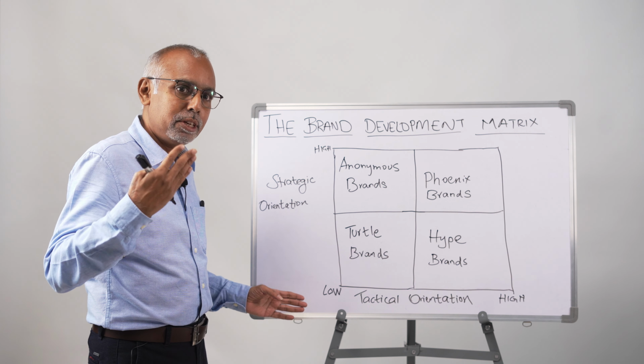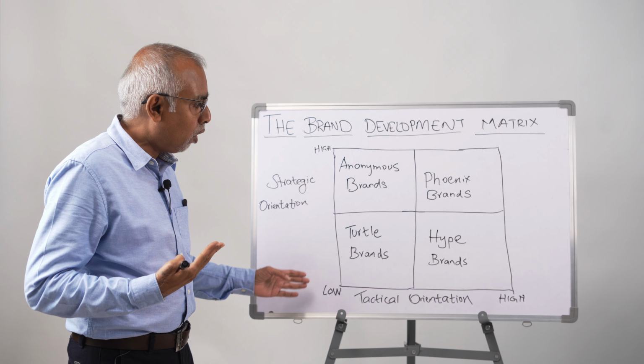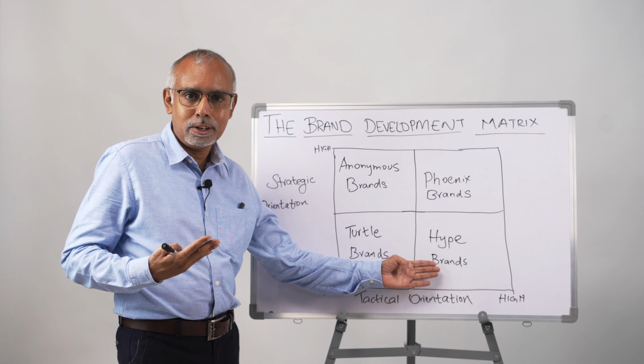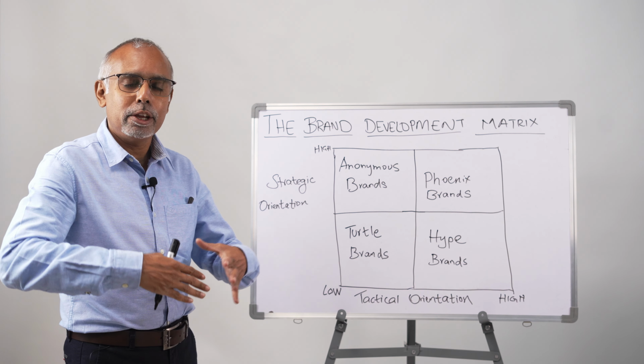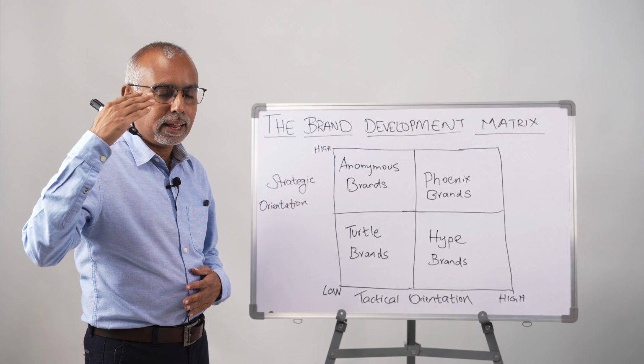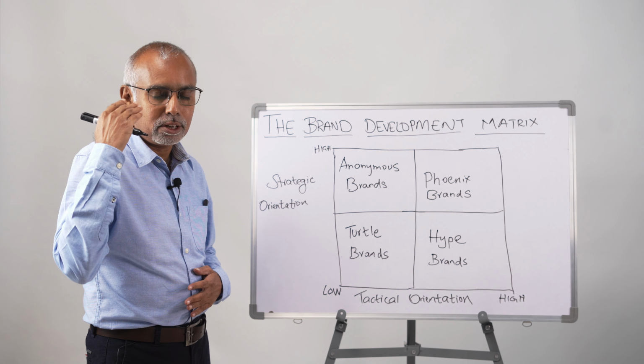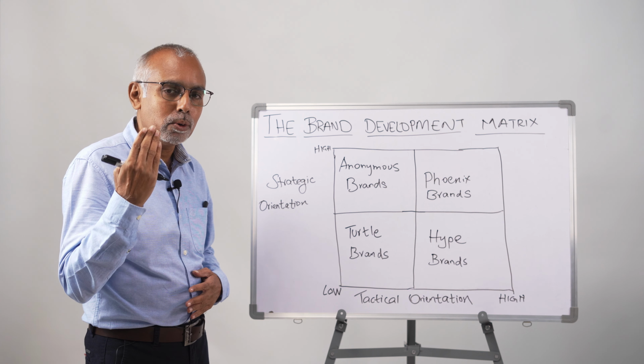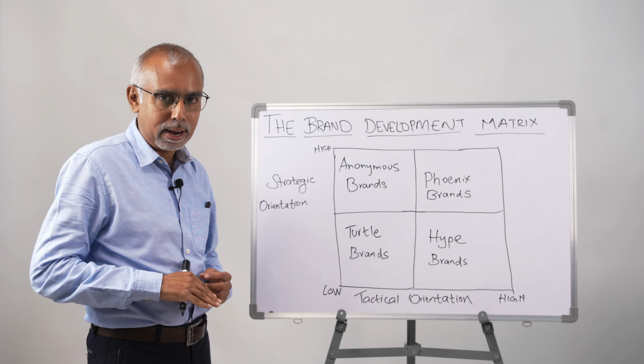I mean, you're executing in a good way. I call you hype brands. You're creating a huge amount of noise in the market, but you're not strategically aligned. Consumers are not very clear about what you stand for as a brand.